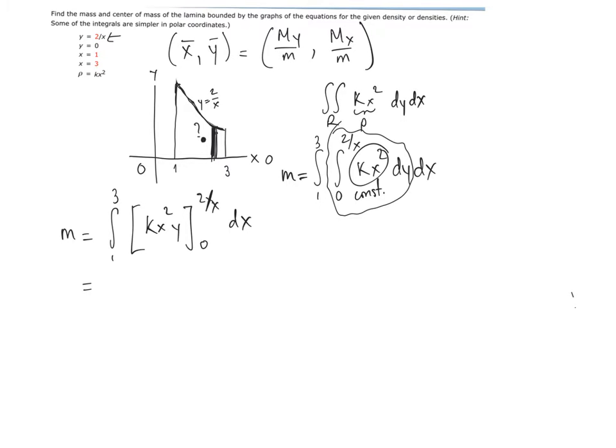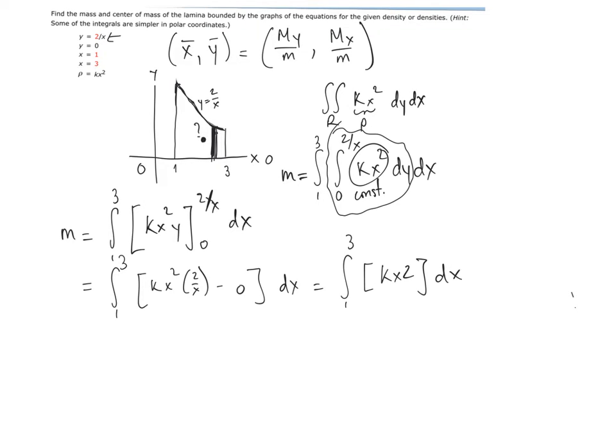Now you would get the integral from 1 to 3. If you plug in 2 over x, you would get k x squared times 2 over x, minus 0, because if you plug in 0 for y this whole thing is going to be 0. dx, so you get the integral from 1 to 3 of 2kx dx.